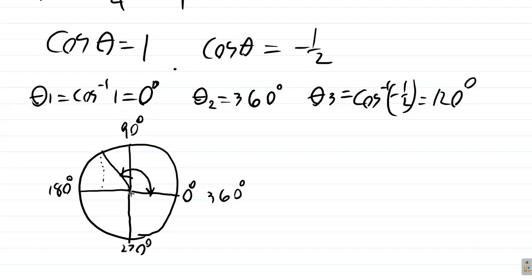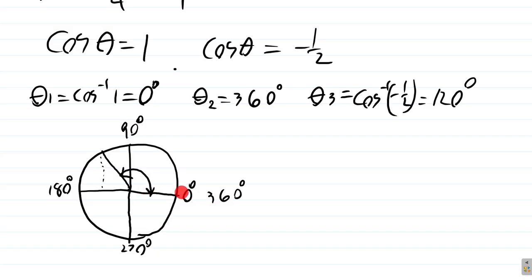The next time you have a negative adjacent, and the hypotenuse is always positive, it would have to be in the second or third quadrant, because this adjacent is negative and you want a negative half.